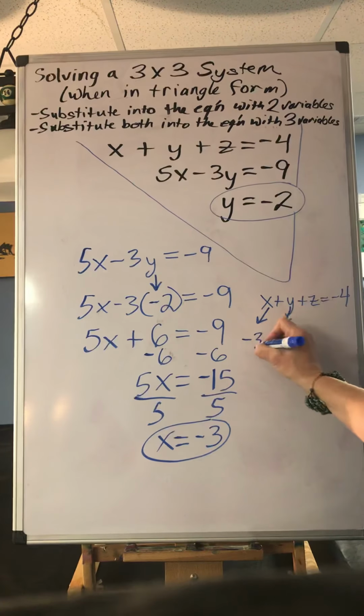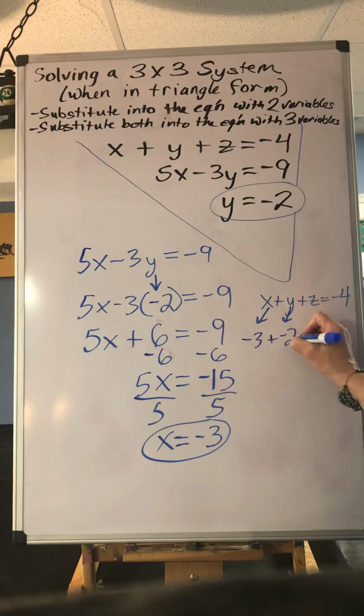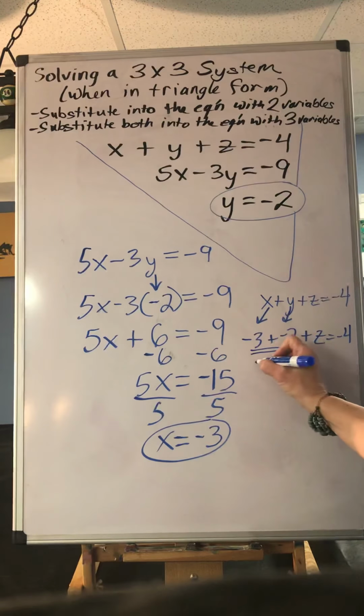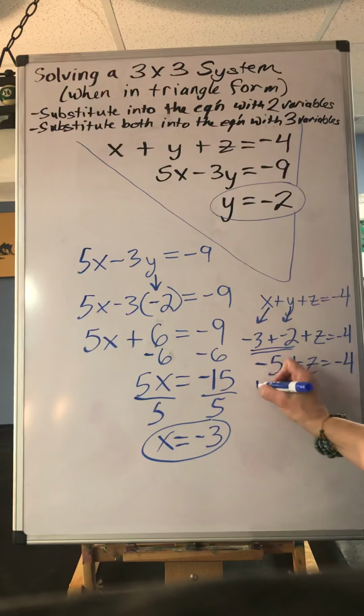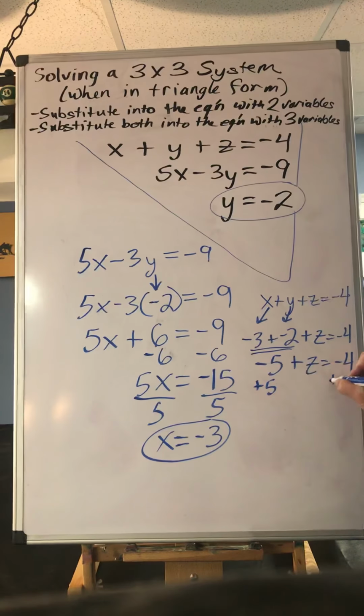So -3 plus -2 plus z is -4. -3 and -2, the signs are the same, so you add and get -5. The inverse of a -5 is a +5. And you'll have z is 1.